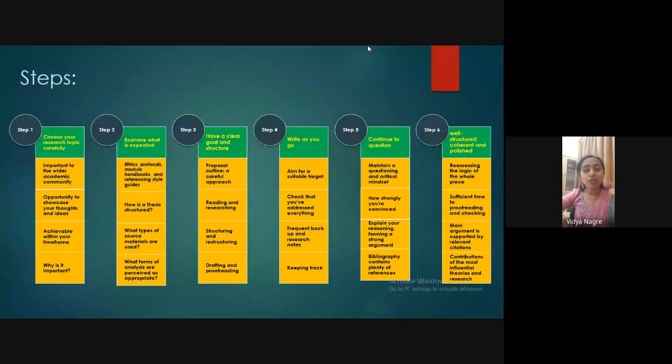So you have to consider the source of data collection before you start your studies, and check how accessible and approachable it is for you. It should be feasible for you. What forms of analysis are perceived as appropriate?